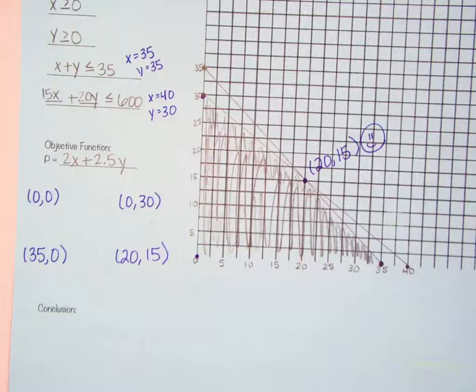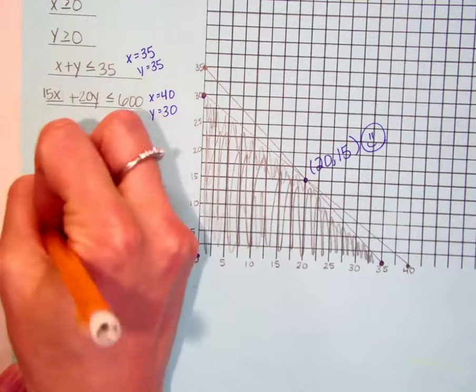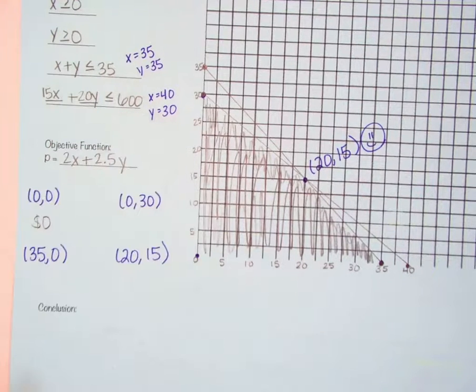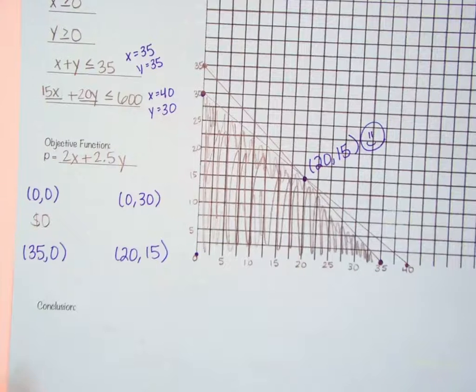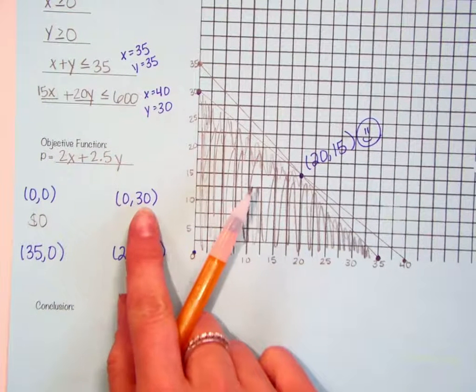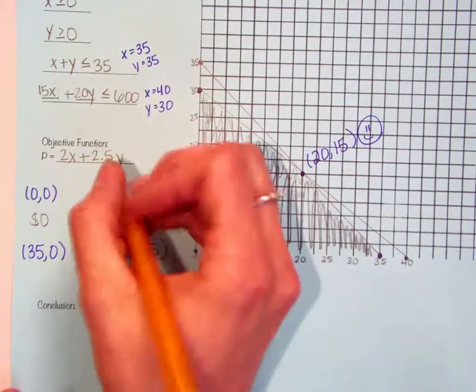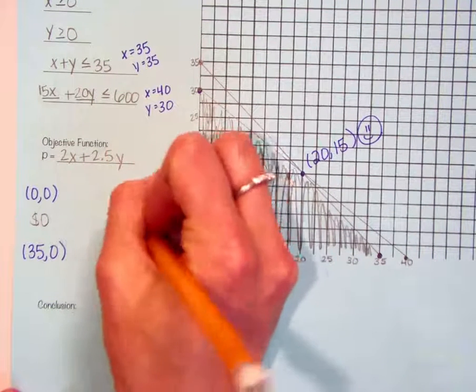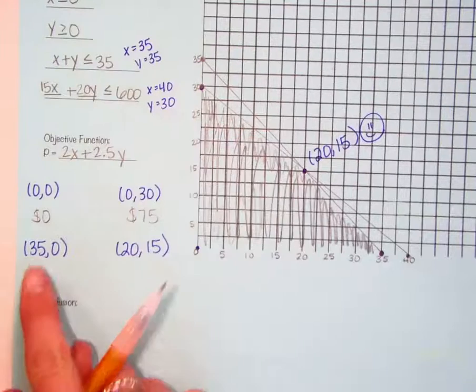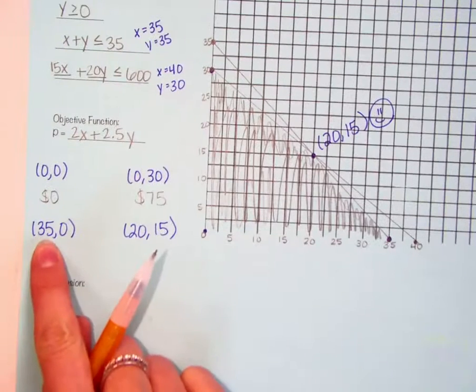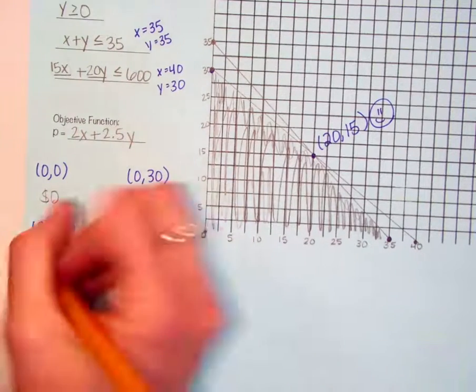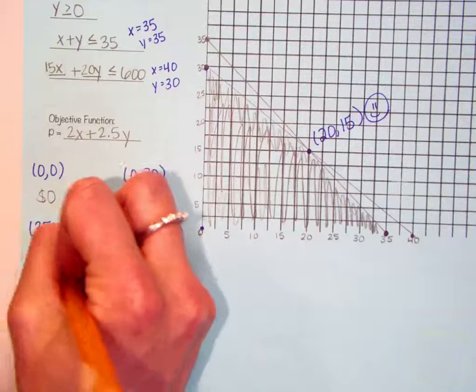All right, so let's see what is going to make Mary the most money. If she doesn't sell anything, she's not going to make anything. 30 times 2.5 is going to be 75. 35 times 2 is going to be 70.